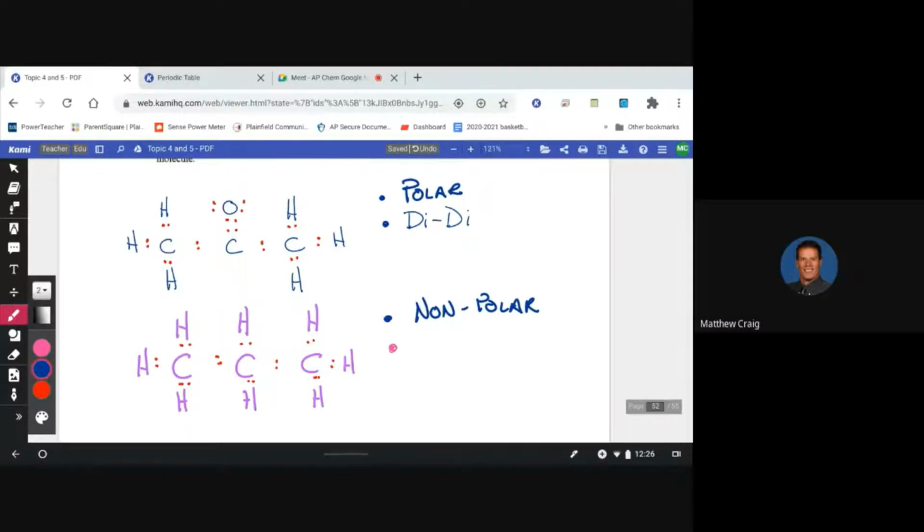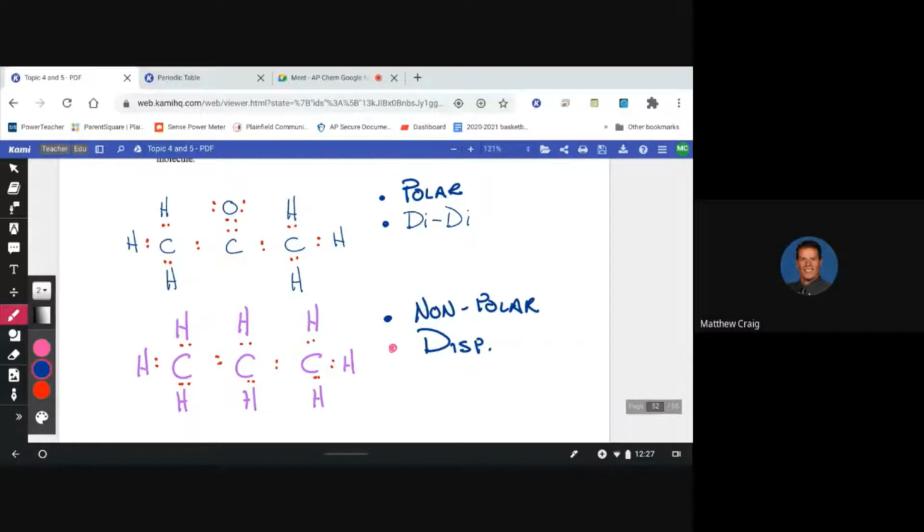It's London dispersion. Good. So there's only one type of intermolecular force between nonpolar molecules. That's why you always want to draw out the Lewis structure and determine if it's polar or nonpolar. Doesn't mean it's the weakest intermolecular force, but it is definitely weaker than the dipole-dipole because these things have similar masses.